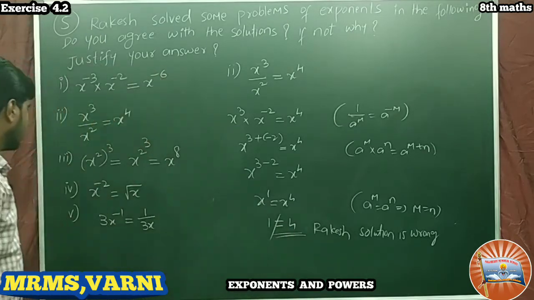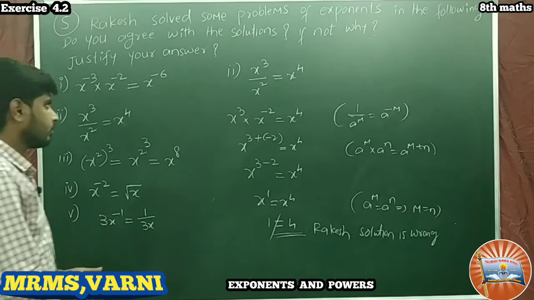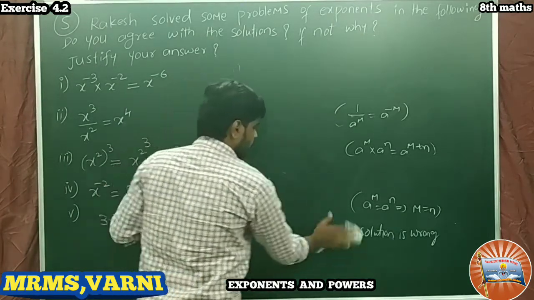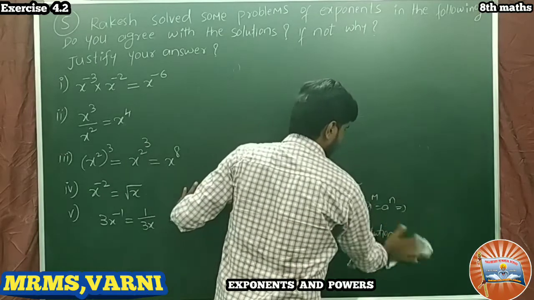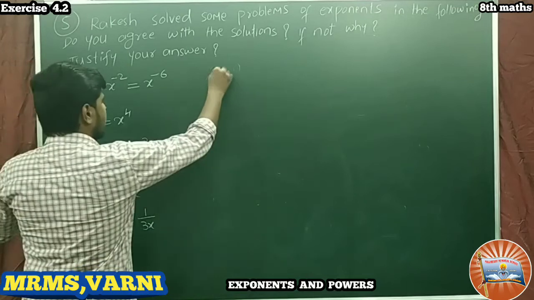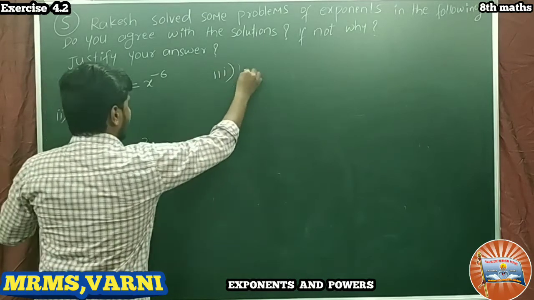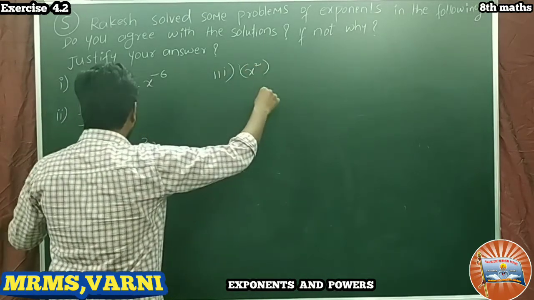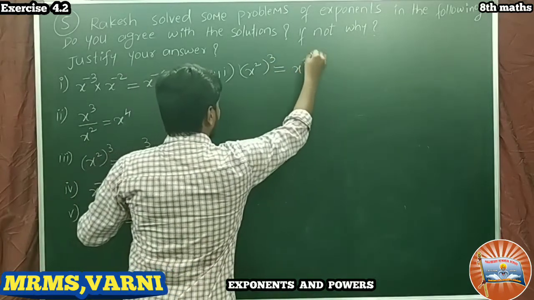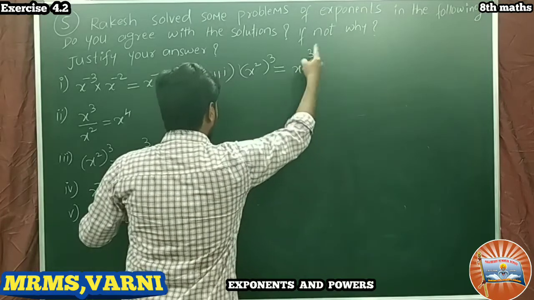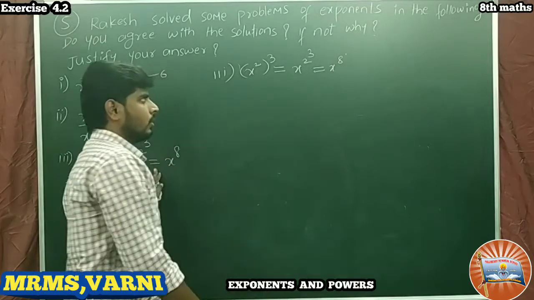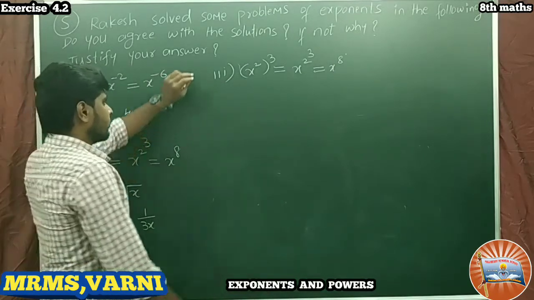Next, go for row number 3. Right. So the question, x square whole power 3 is equal to x power 8. Look here.